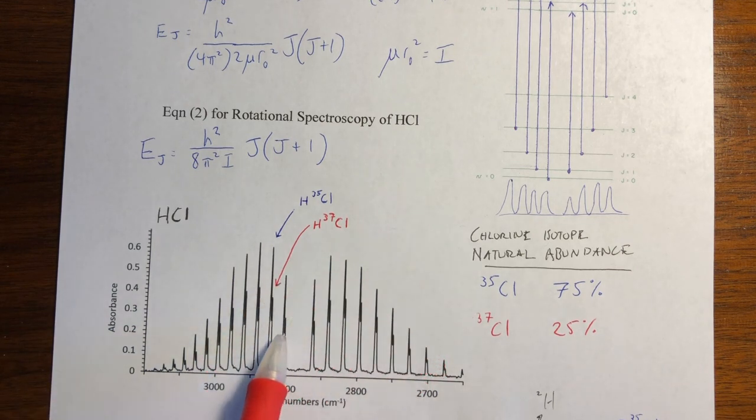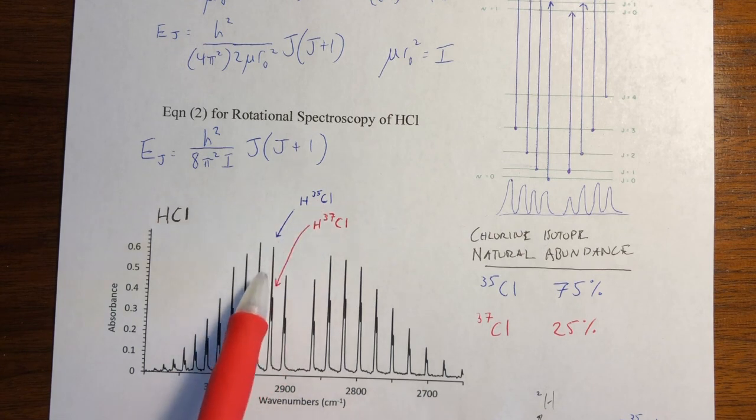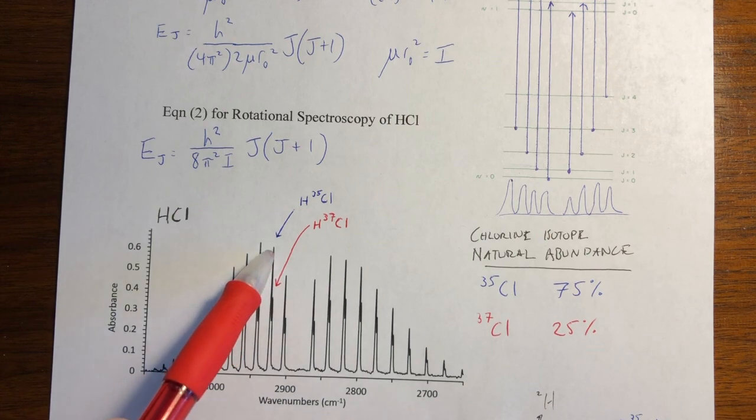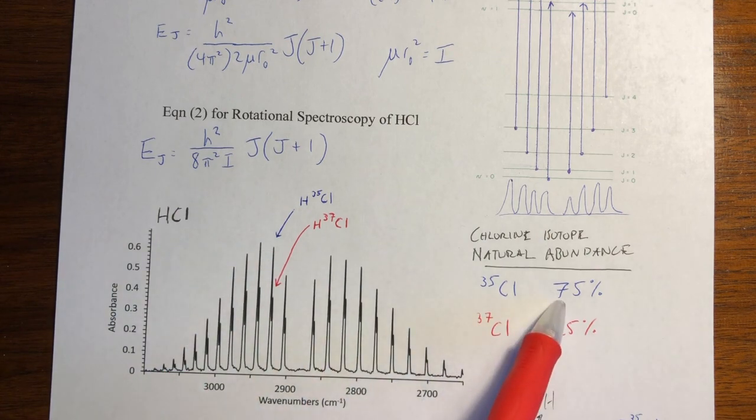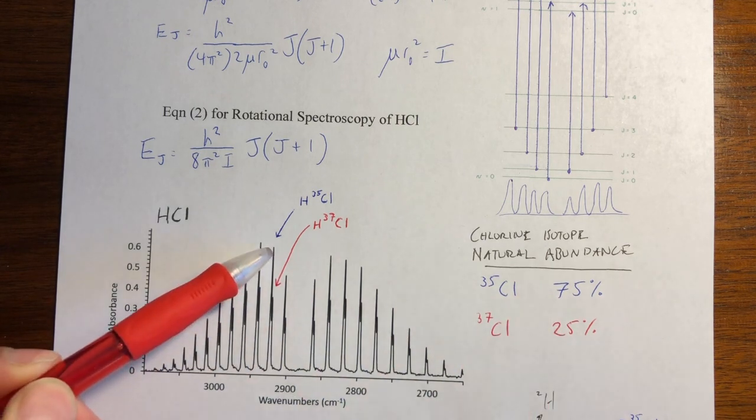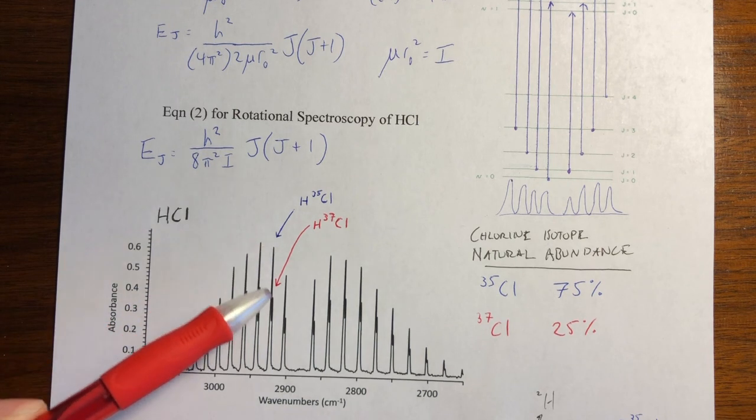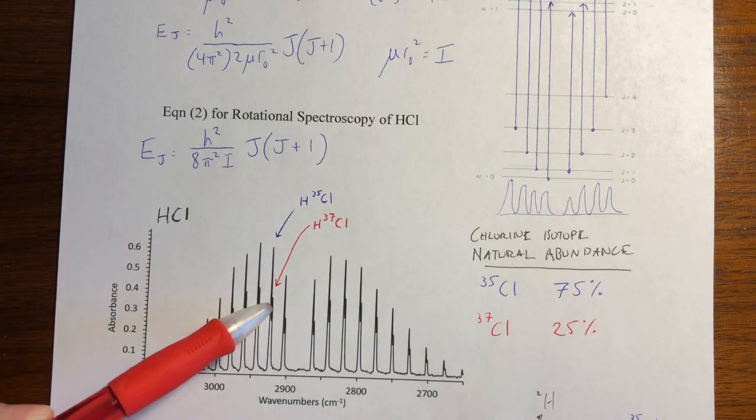So every one of these peaks is doubled up, given the fact that there is a slightly heavier isotope present. So the taller peak is accounted for with a larger abundance. So the taller one's always going to be HCl with chlorine 35, and the lower peak is always going to be HCl with chlorine 37.